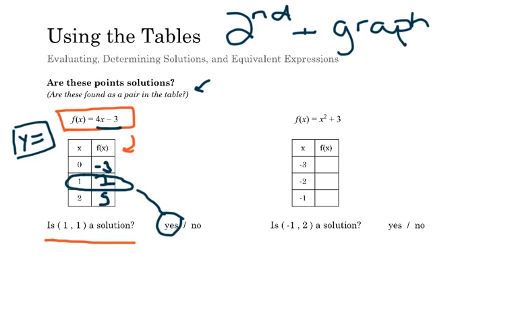Differently, let's look at f of x equals x squared plus 3. Type that into y equals. And check out its graph.